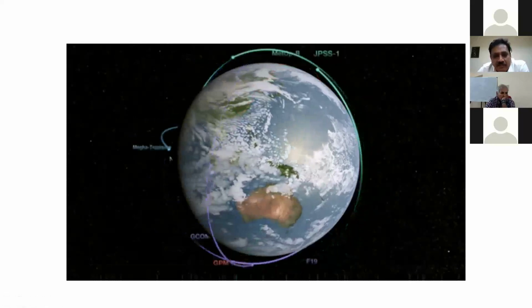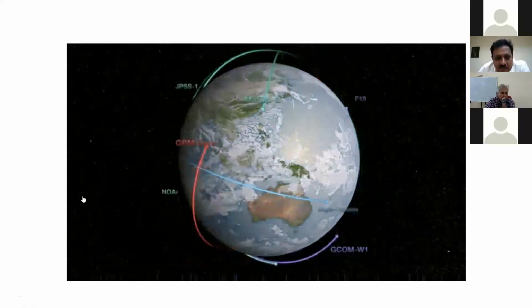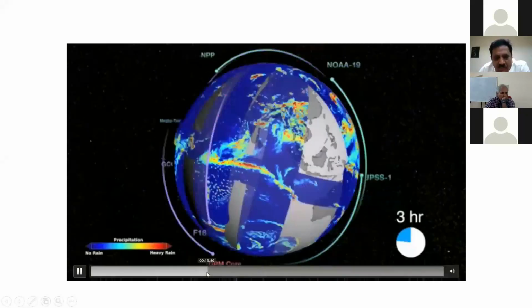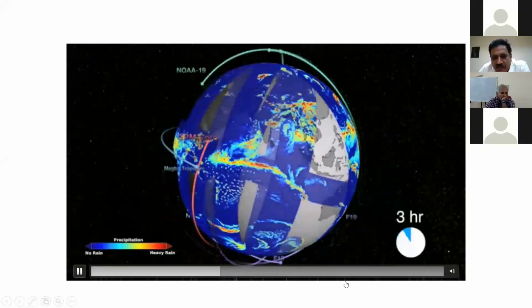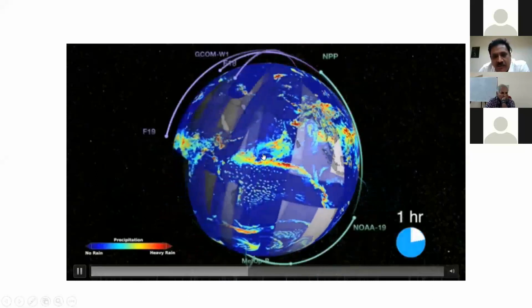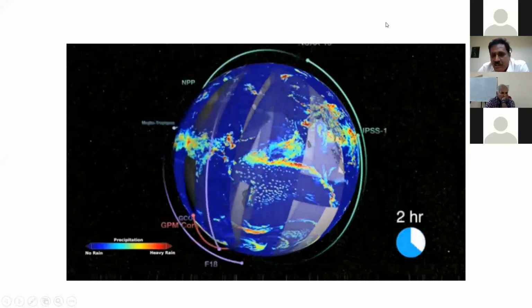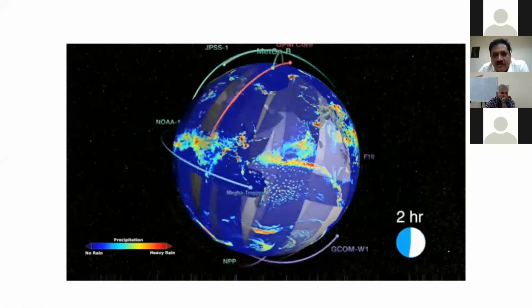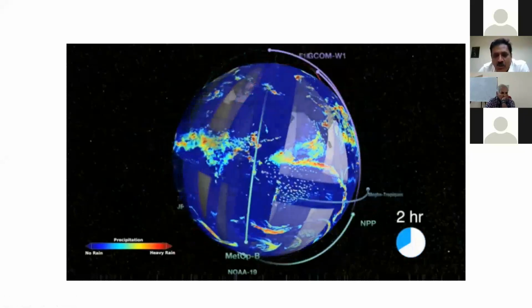You can see here several microwave imagers, including ours. So in 3 hours they have complete global precipitation information using a constellation of microwave imagers and a core radar.